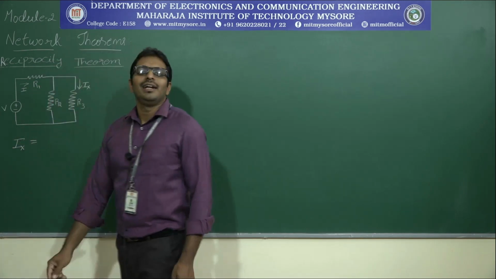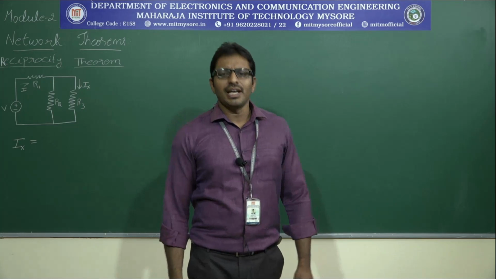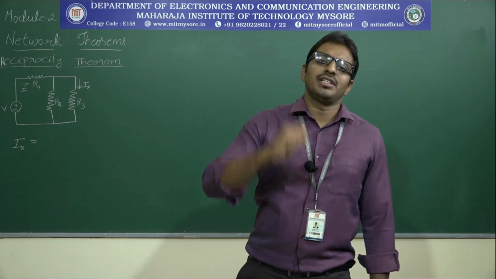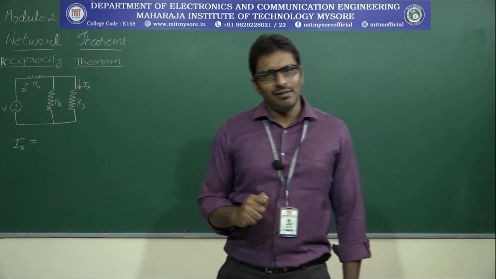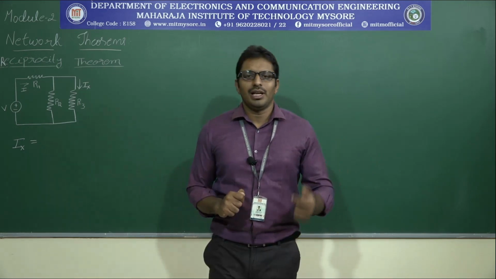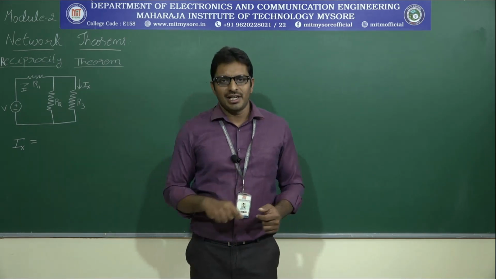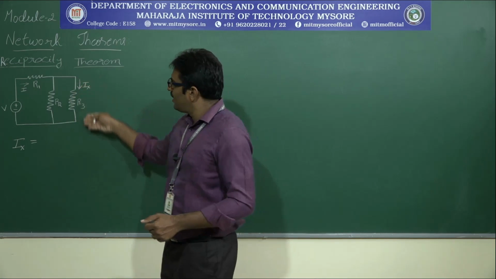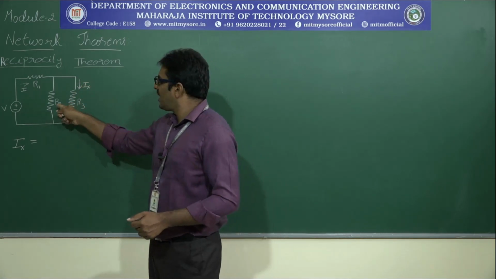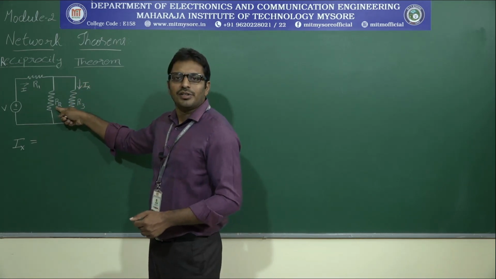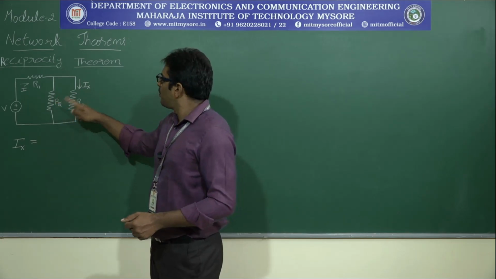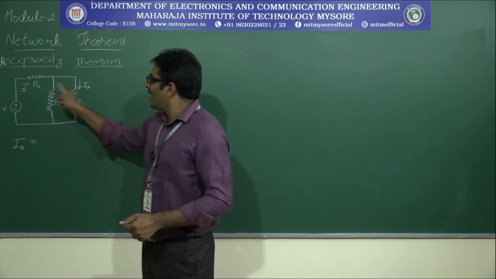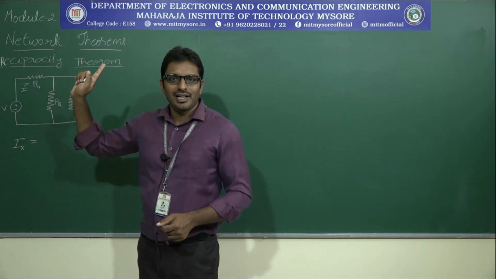Now, in order to find Ix, you know the current divider rule. What is the current divider rule? When two resistances are connected in parallel, by knowing the total current, we can find the branch current. How? If you want to find the current in this branch, take the opposite side resistance value R2 divided by R2 plus R3, into total current I. What is the total current in this circuit?